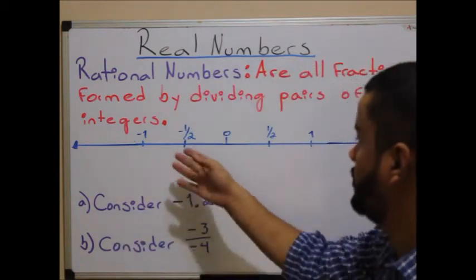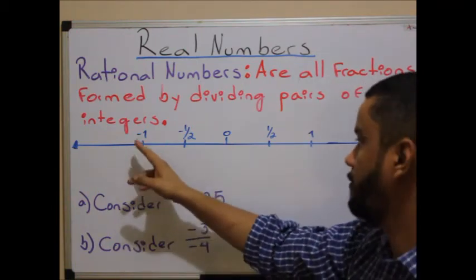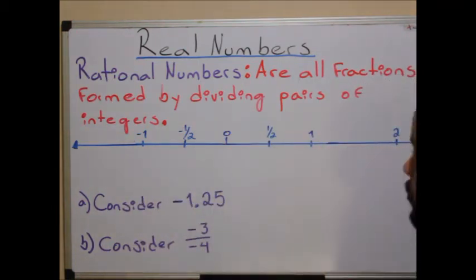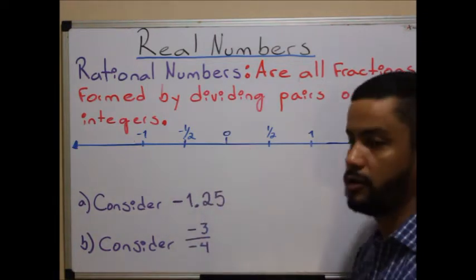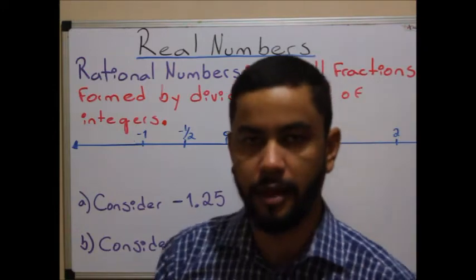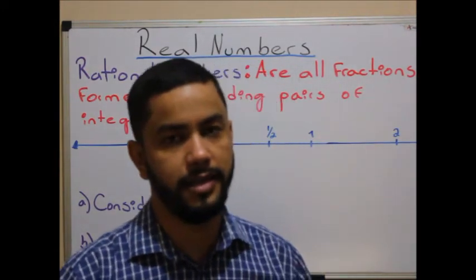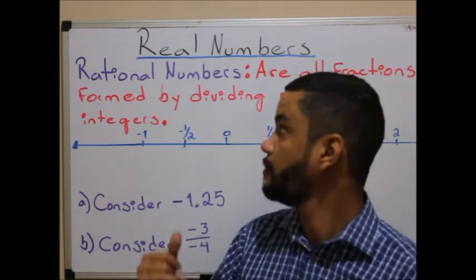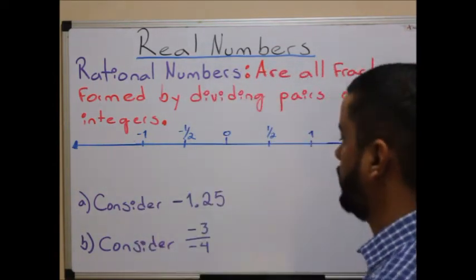Now let's see the number line from -1 to 2, including -1/2 and 1/2. Those numbers that we can easily represent on the number line are rational numbers because we can place them there.